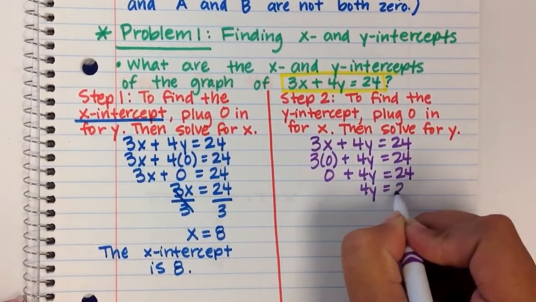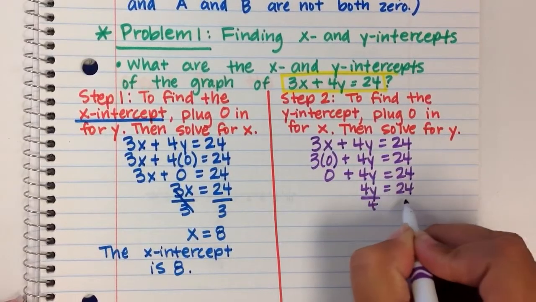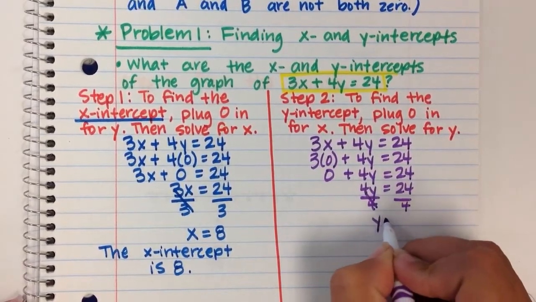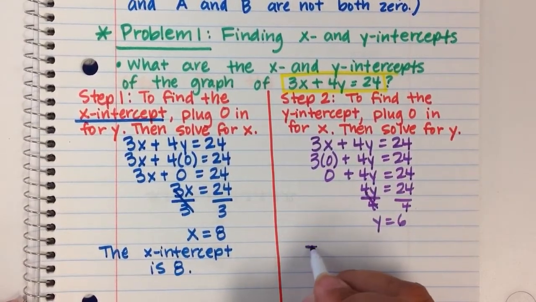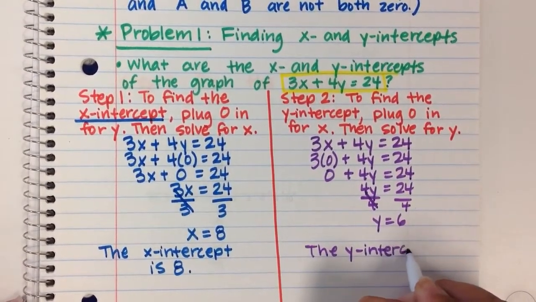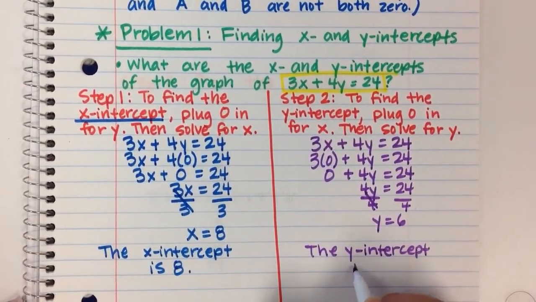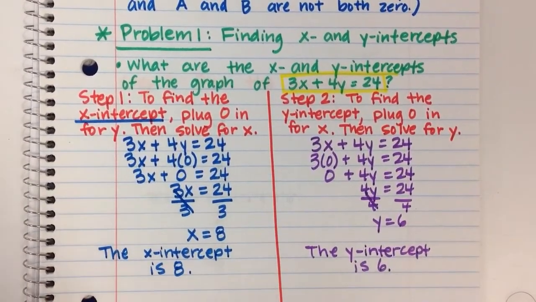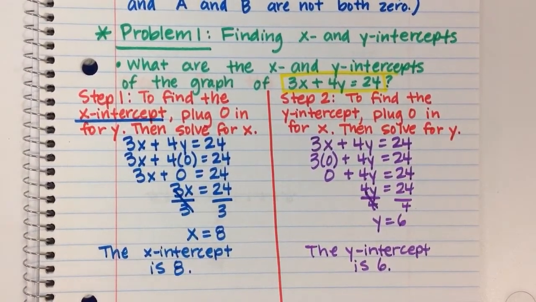So 4y is equal to 24. When I divide both sides by 4, y is equal to 6. So the y-intercept is 6.